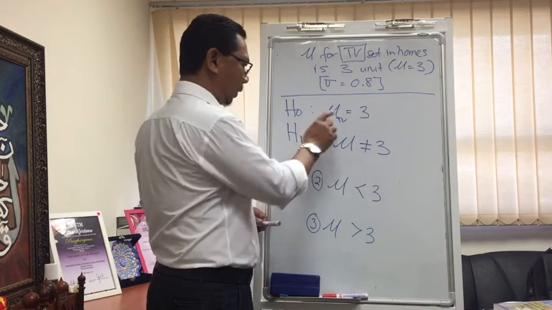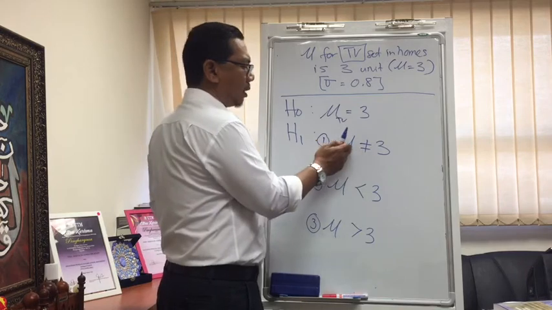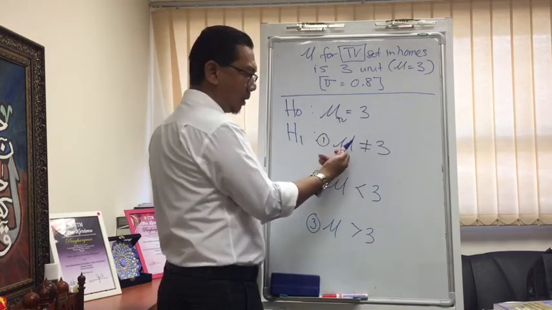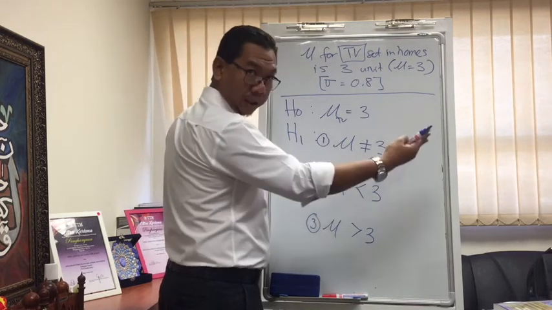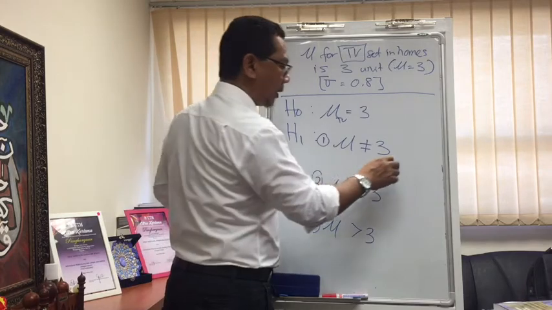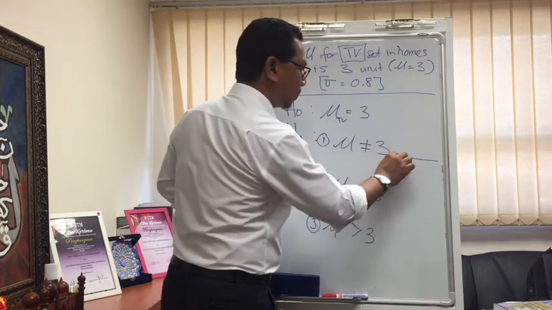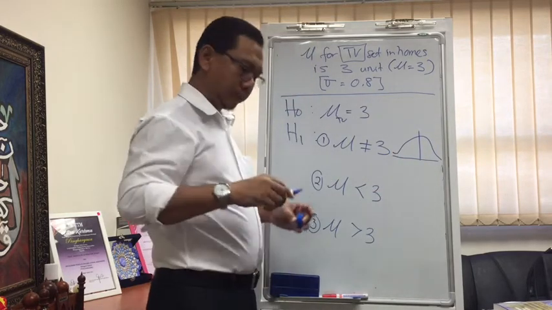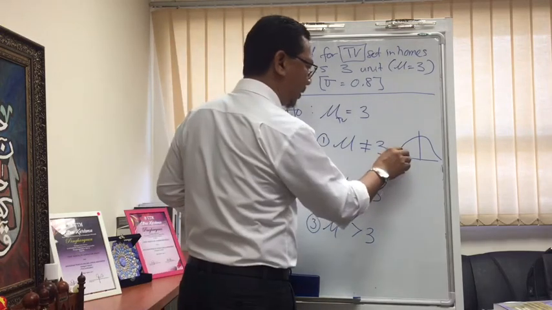Let's say we are choosing this first scenario: mean not equal to 3. It can be more, it can be less, meaning that it can be more than 3 or less than 3. So when you draw the normal distribution, you will have two areas.